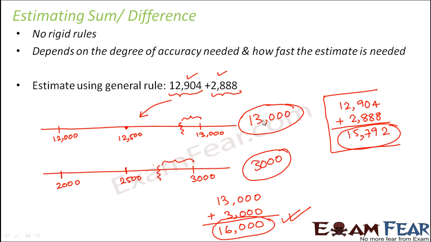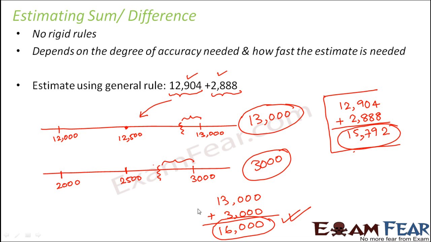Since we estimated to the nearest thousands, there is some difference between the actual sum and the estimated sum. But at the same time, this process was fast because you rounded to simpler numbers. It was easy to add them. When you round it off to tens, the result might be more accurate, more close to 15,792.